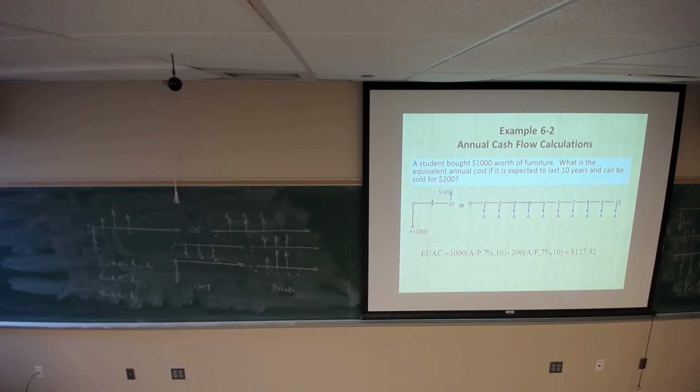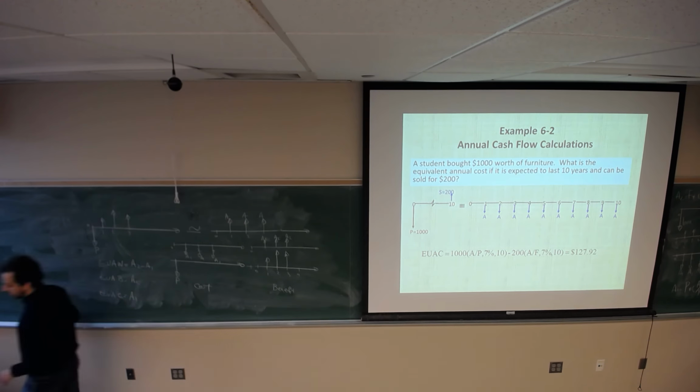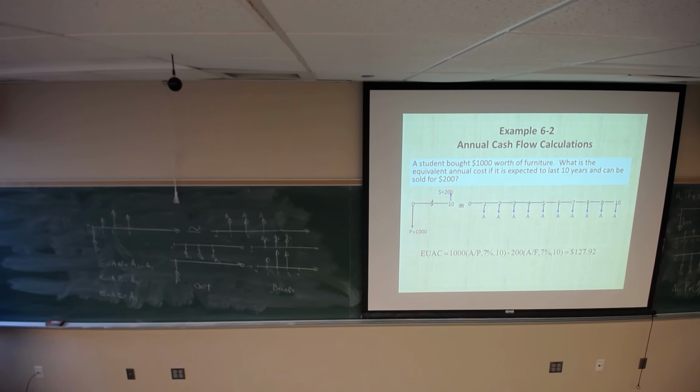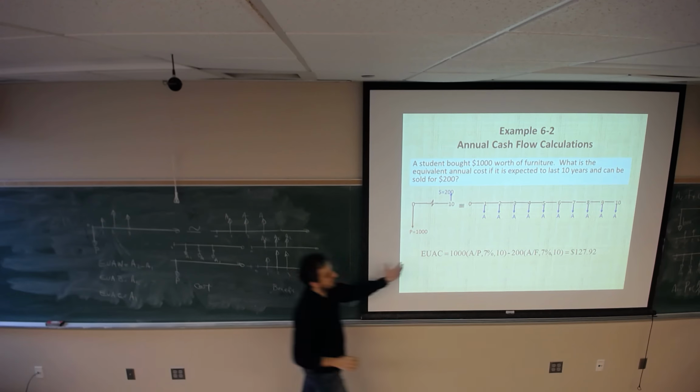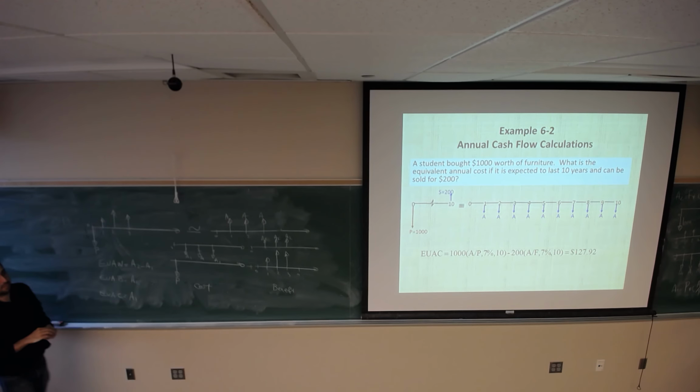Since we are going to use the positive number for the cost, I subtract this. What would be the A2? This one is future value, so we are looking for A when F is given. So A over F, 7%, 10 years. The equivalent uniform annual cost for this furniture is almost $128 per year at the interest rate of 7%.